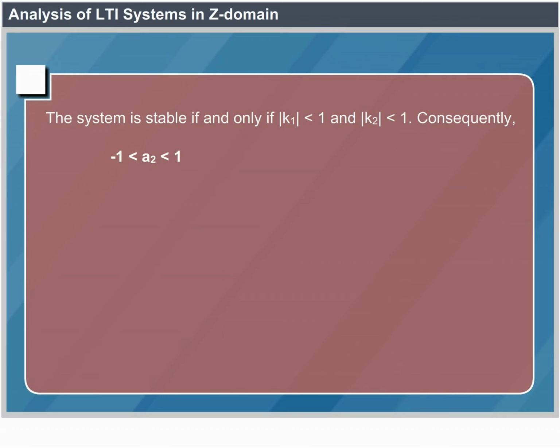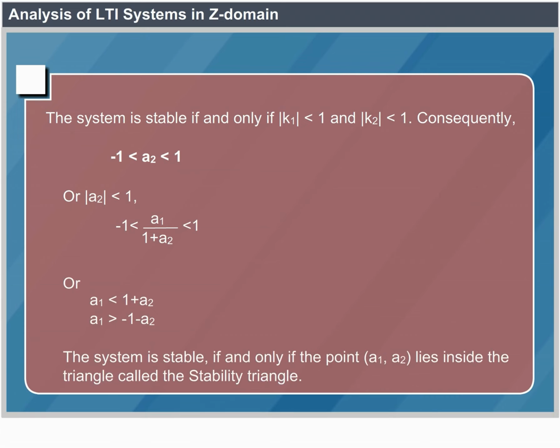Consequently, modulus of a2 less than 1, and minus 1 less than a1 divided by (1 plus a2) less than 1, or a1 less than 1 plus a2, a1 greater than minus 1 minus a2. The system is stable if and only if the point (a1, a2) lies inside the triangle called the stability triangle.